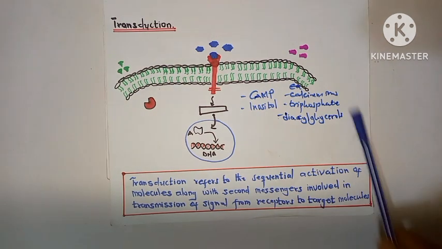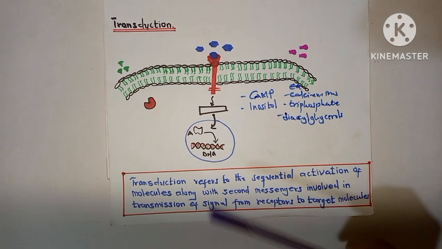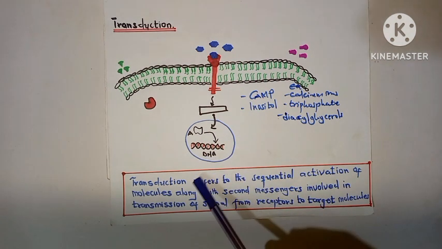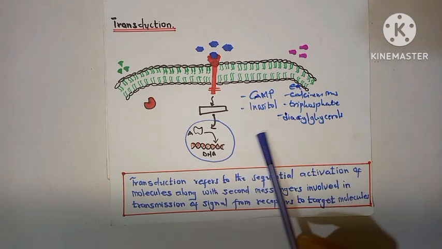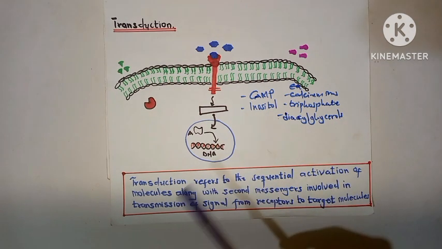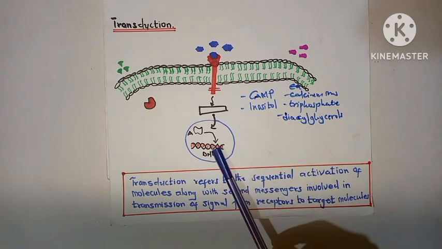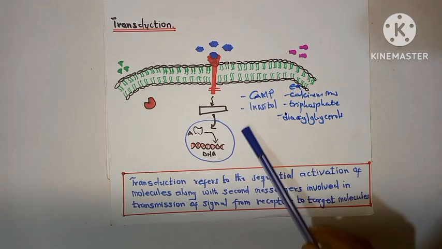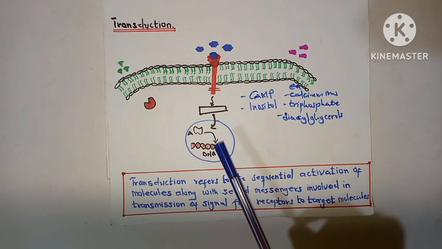These are some of the second messengers that will help transmit the signals further to the target molecule. These second messengers are short-lived intracellular molecules that help amplify and relay the signals received from the receptor to the target molecule.